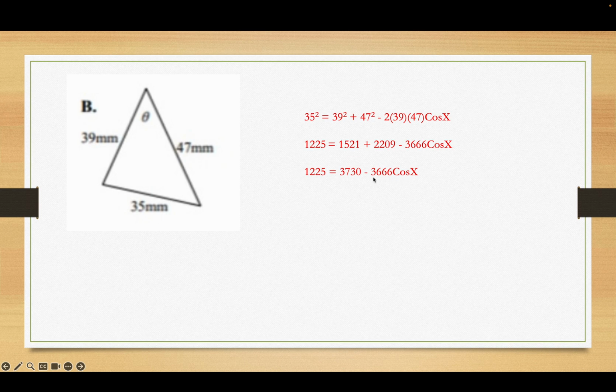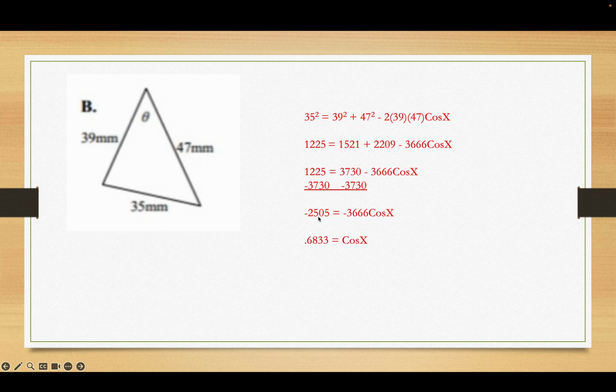The reason for that is because, as we taught early in the year, they're not the same kind of thing. This is just a regular number, and this is a term with cosines in it. I would need cosine x over here in order to combine them. So I subtract 3730 from both sides, and I get negative 2505 equals, danger, danger, danger, don't forget about that negative sign in front of the 3, negative 3666 cosine x.